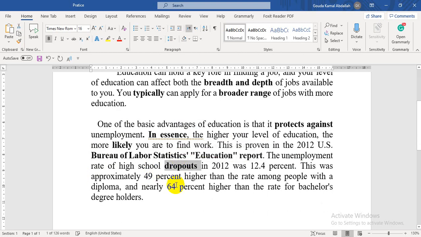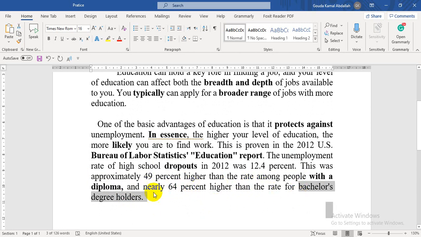Do we have one word for dropout? I don't think so. And people with diploma. Can we use transposition to overcome this problem? And here, bachelor's degree holder.